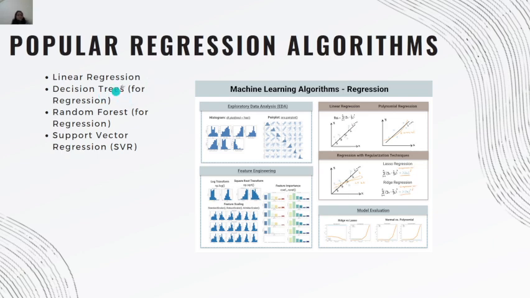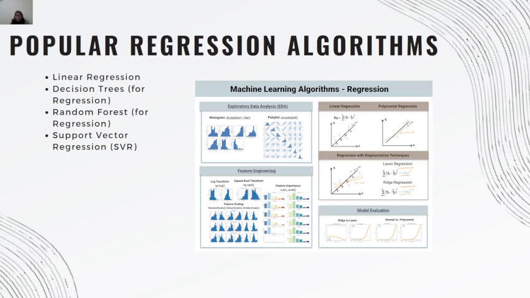Then we have decision tree. This works simply as classification trees do, but for continuous values. Random forest for regression is an ensemble method that uses multiple decision trees for better accuracy. Then we have support vector regression (SVR), an extension of SVM that is used for regression tasks.